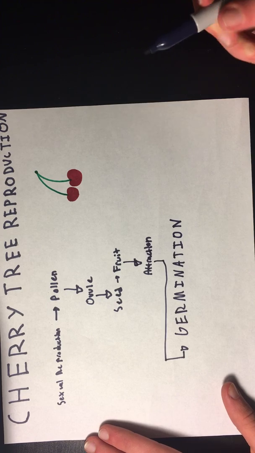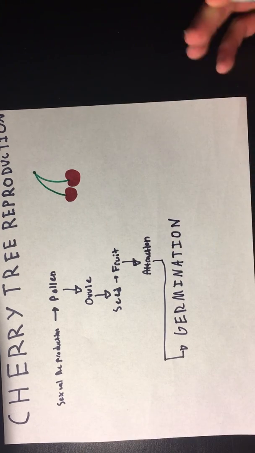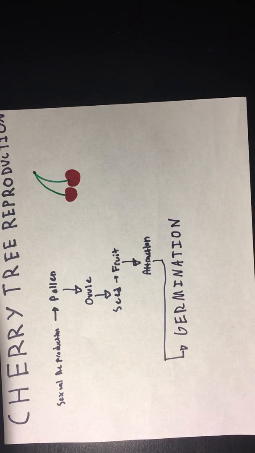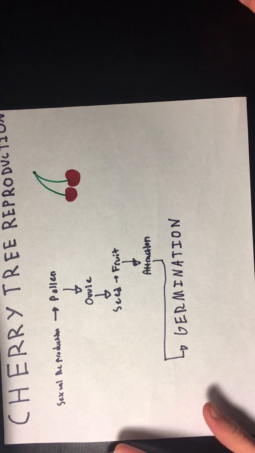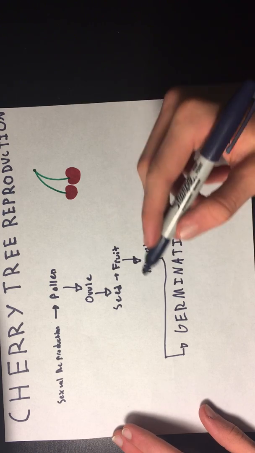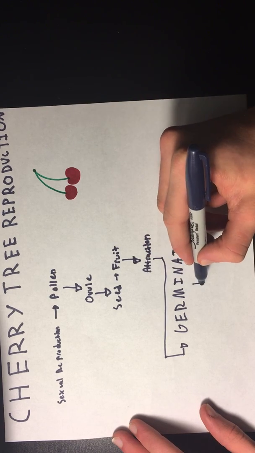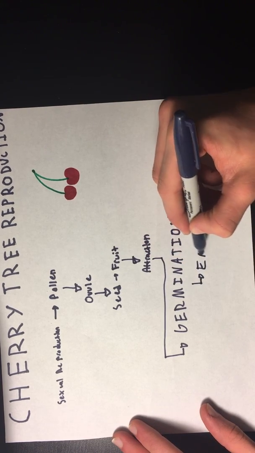And from germination of a plant, if it's lucky and all the conditions are favorable, such as weather, temperature, availability of water and nutrients, it turns into an embryo and starts growing.